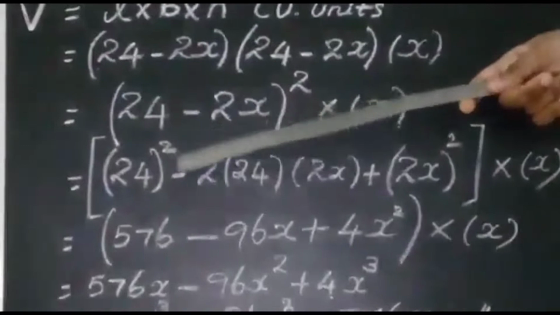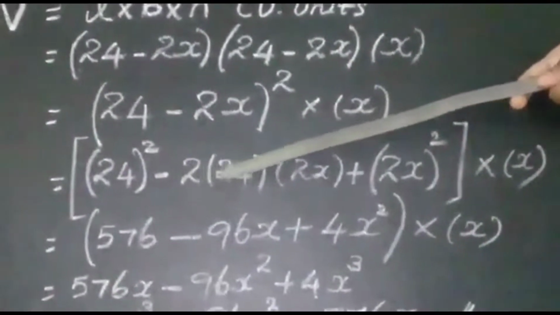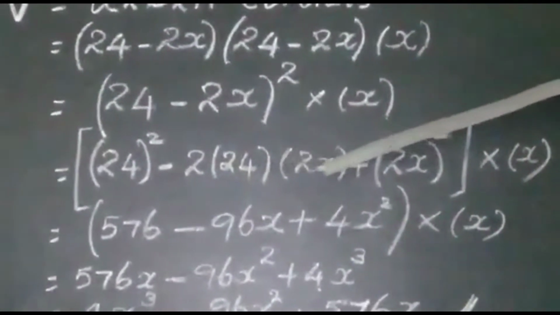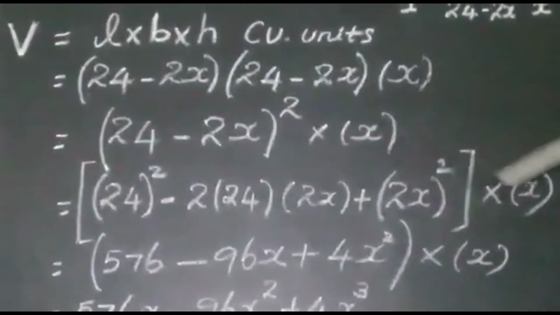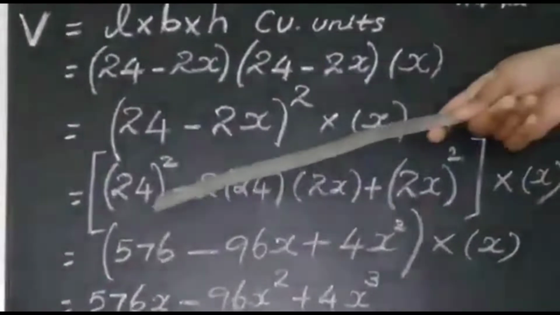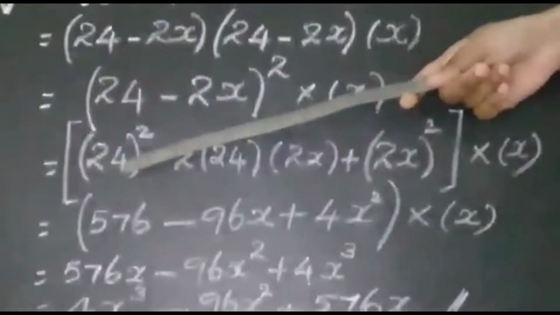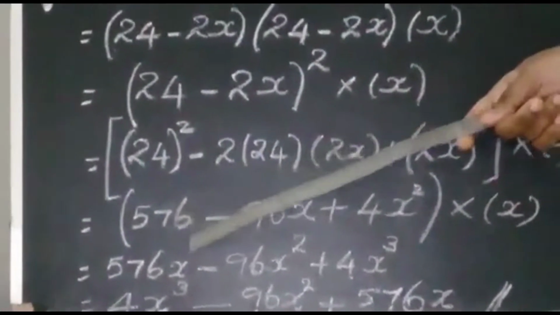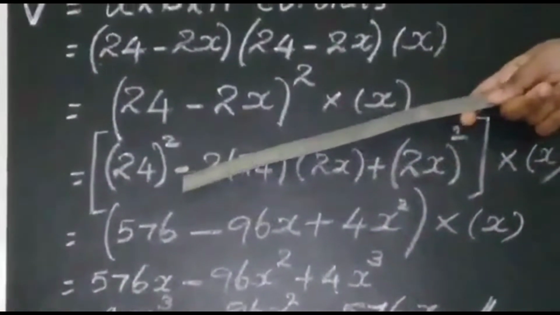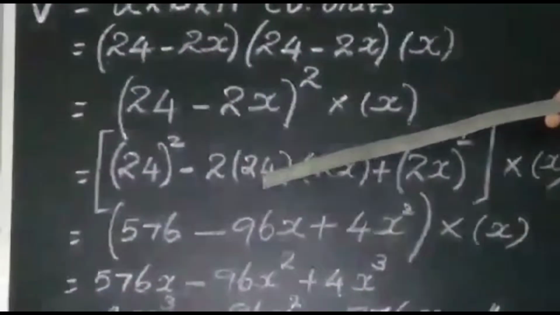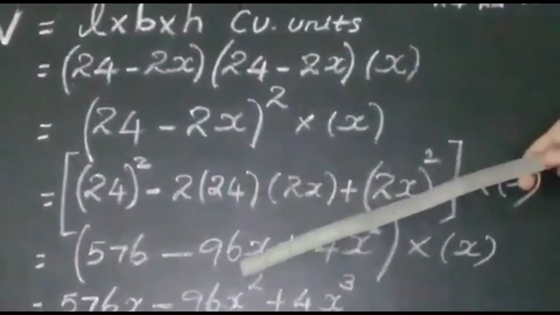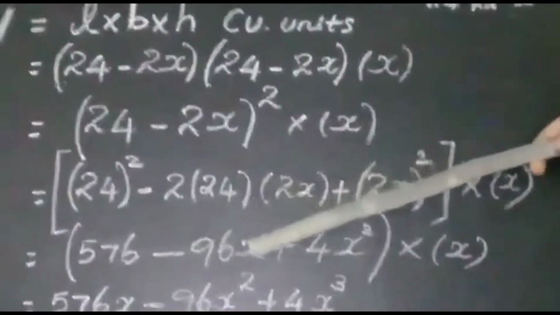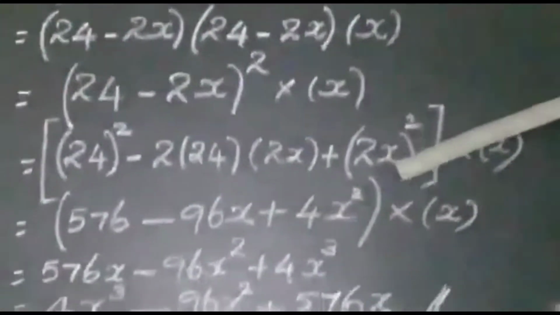So 24 square minus 2 into a into b plus b square, 2x square, into the height value x. So 24 square value is 24 into 24, 576, minus 2 into 24, 48, 48 into 2x, 96x. So minus 96x plus 2x the whole square.